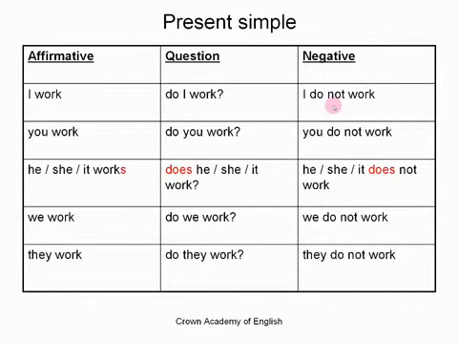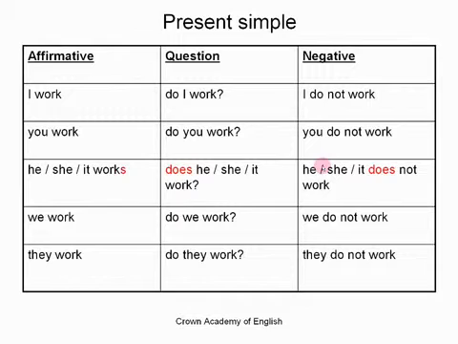You work becomes you do not work. So we add the word do not to the sentence between the word you and work. And as always, it is the he, she, it form, which is the one that changes.